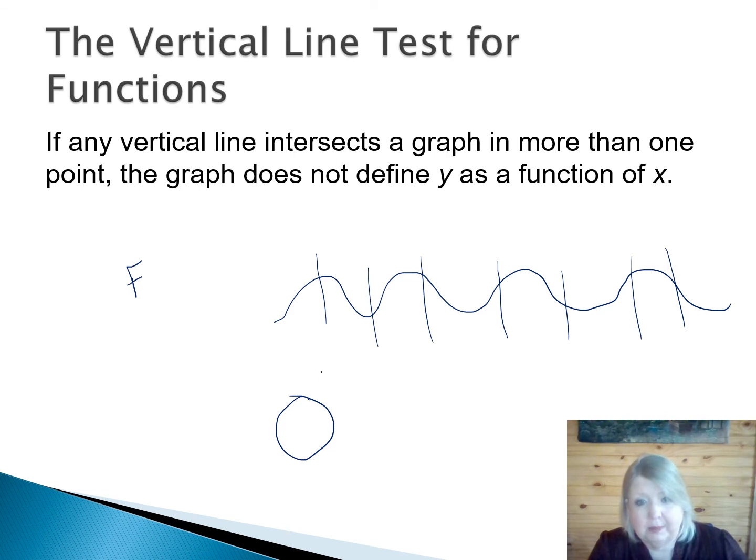But if I can drop any vertical line and hit it twice, even if it's a piecewise that's got 2 dots over the same x value, that is not a function.